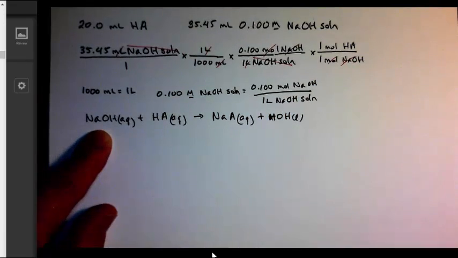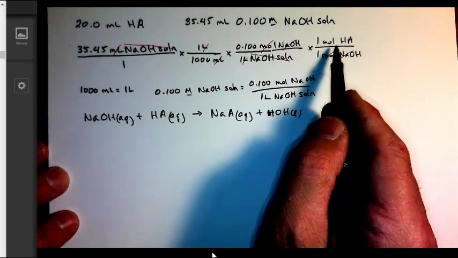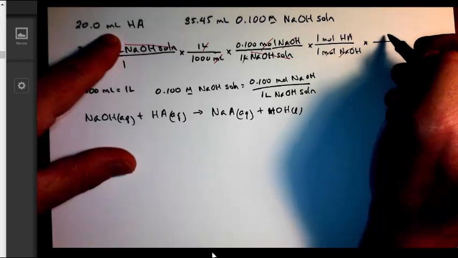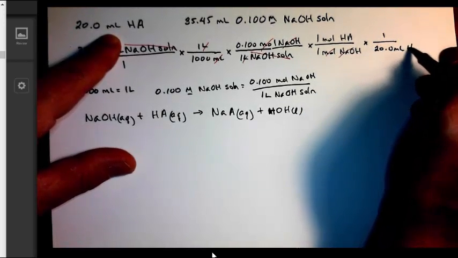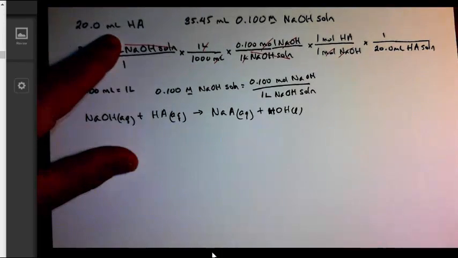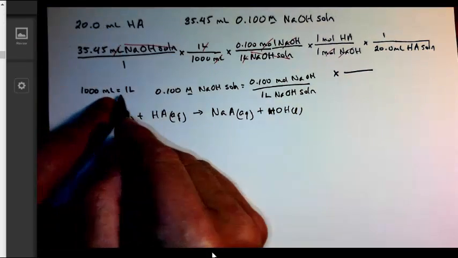All right. Now we need to know what volume to put on the bottom here, and we'll have molarity. We've got volume. We're just going to put 1 over 20.0 milliliters of HA solution, but I need to have that in liters, right? Let's convert it to liters. I've already got the equality statement over here.